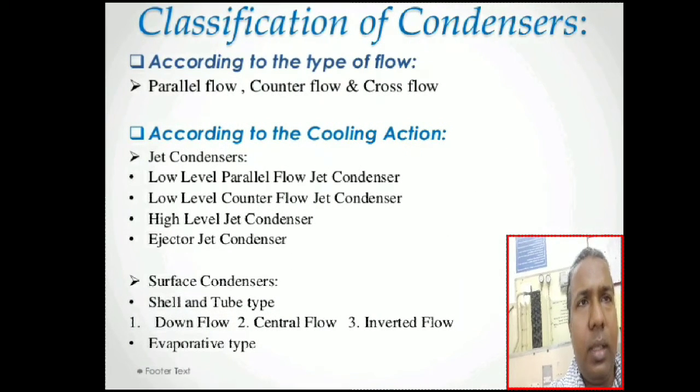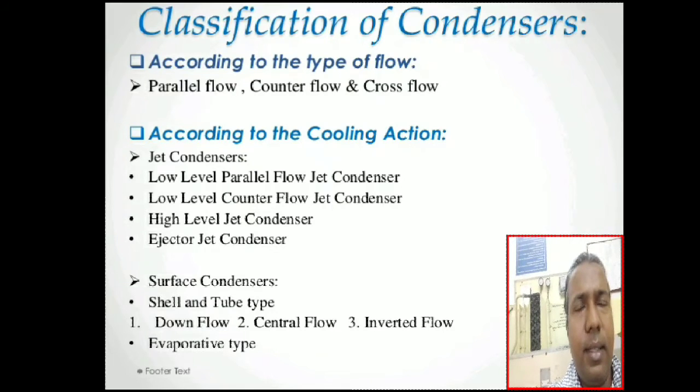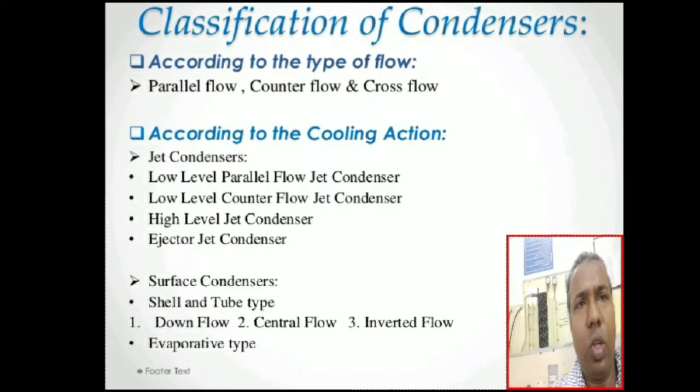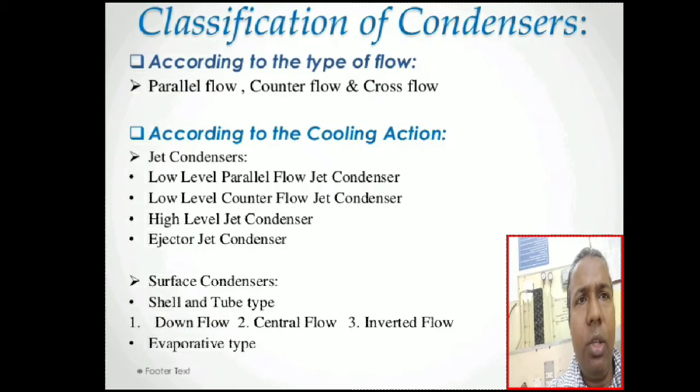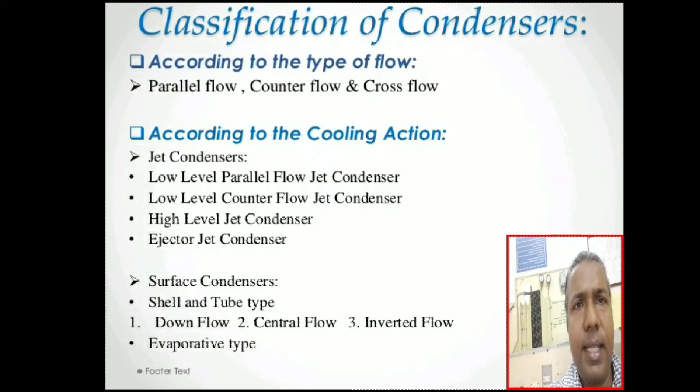Now classification of condensers. The condenser is classified in different forms according to the type of flow. It can be classified as parallel flow, counter flow and cross flow. According to the cooling action, it can be classified as jet condenser and surface condenser.